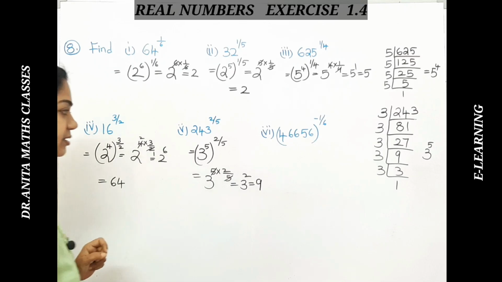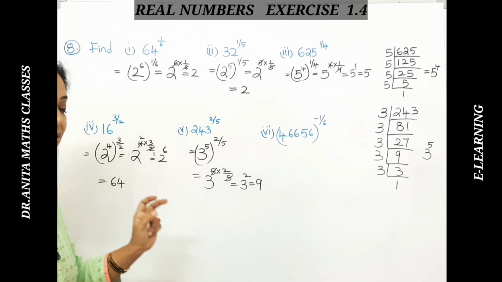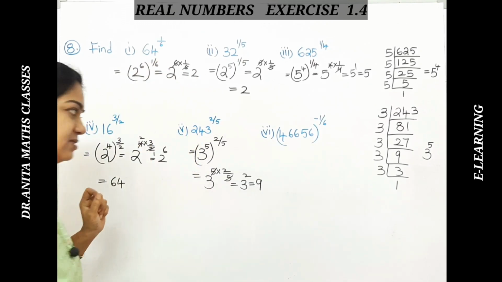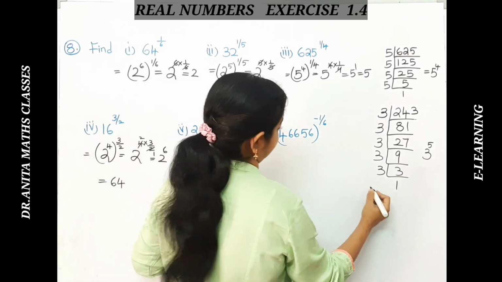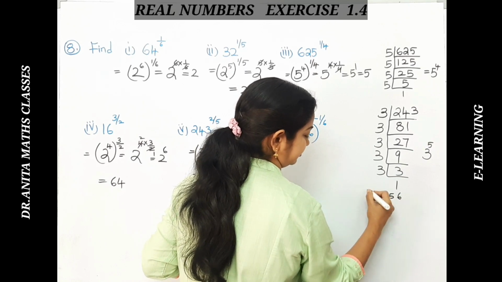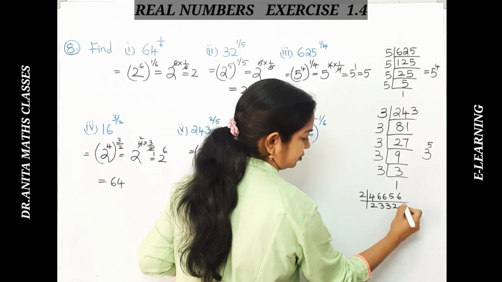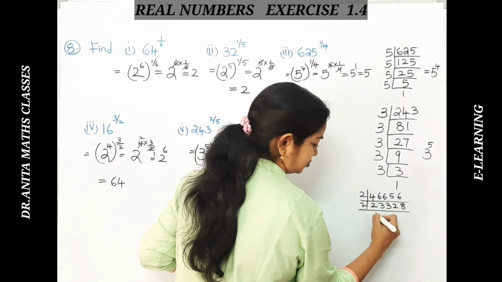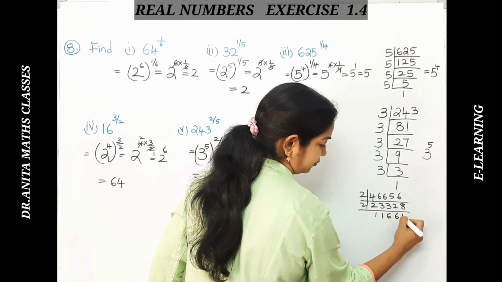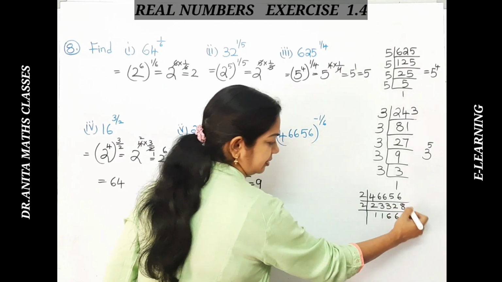Okay. So here 46656. We can't remember such big numbers. For small numbers like 243 and all this, you can remember their exponents. But for this number, you need to do the prime factorization. Okay, so let me do 46656. 2 2s, 2 3s, 2 2s are 4, 2 8s, 2 1s, 2 6s are 12, 2 6s are 12, 2 4s.